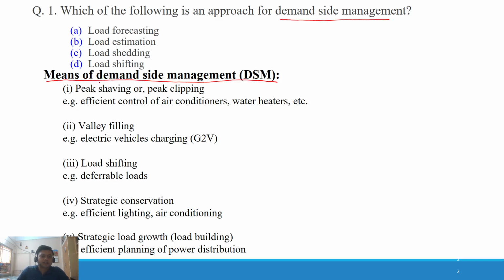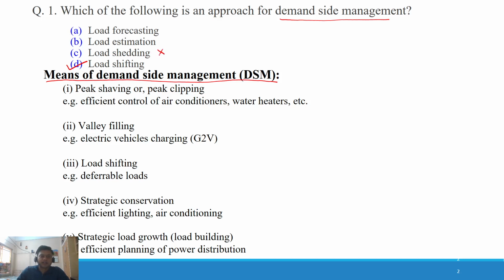In this question, if we see the options, only one is matching: option D, load shifting. So this one is correct. And why does load shedding not come under demand side management? Because it is curtailment or interruption of power, so it does not count in demand side management.